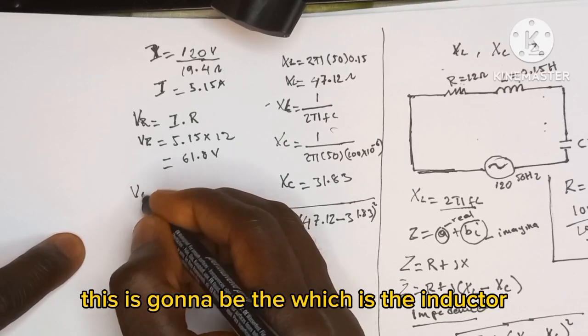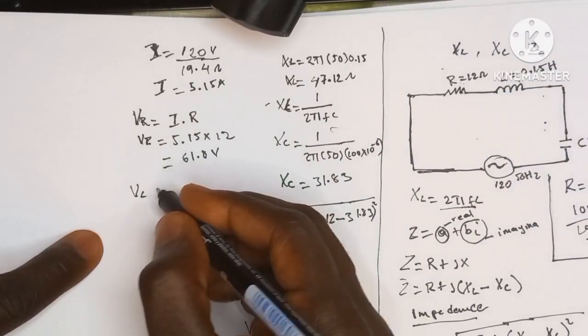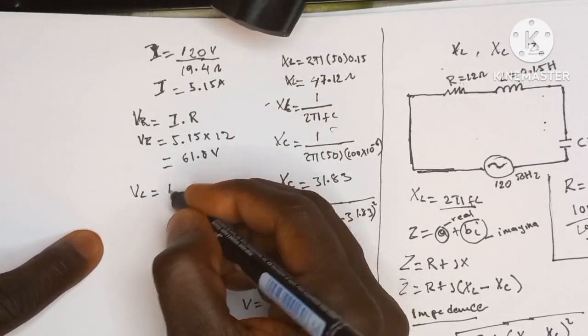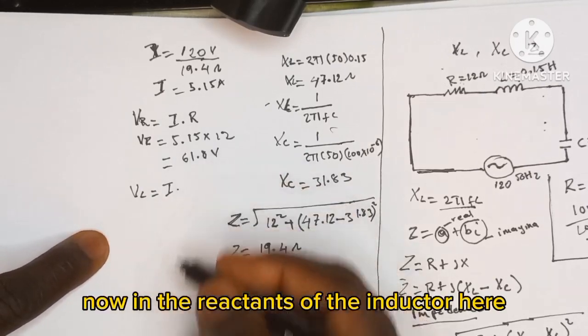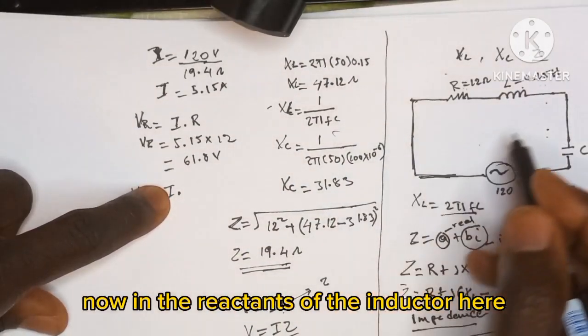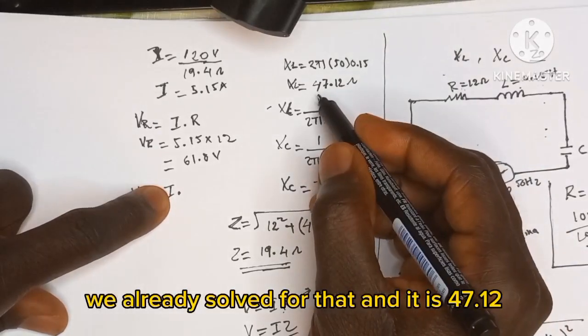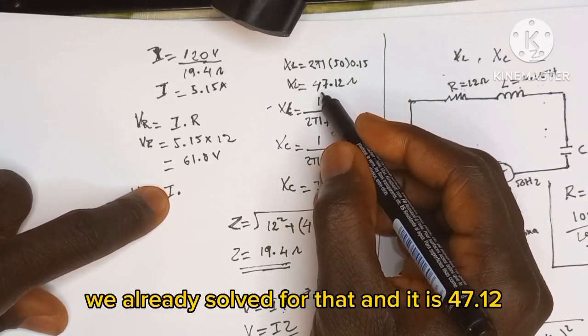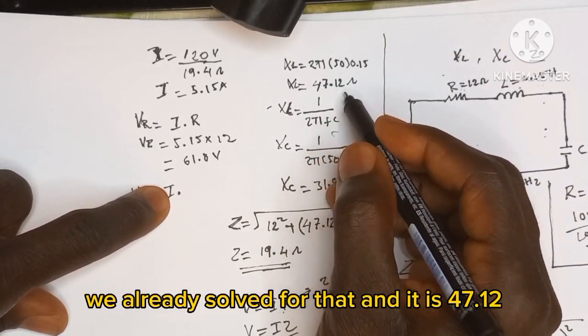And the next one is going to be VL, which is for the inductor. Now, the reactance of the inductor here, we already solved for, and it is 47.12.